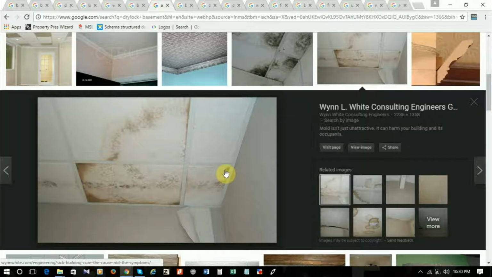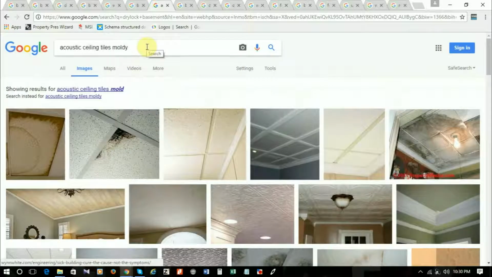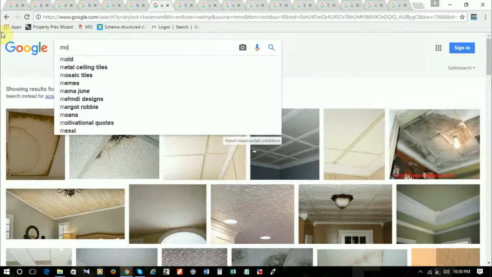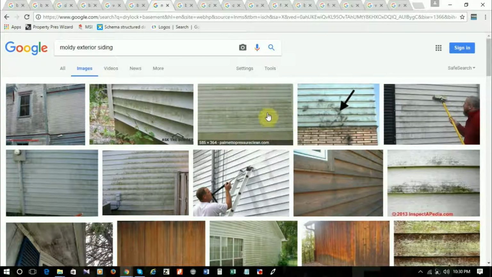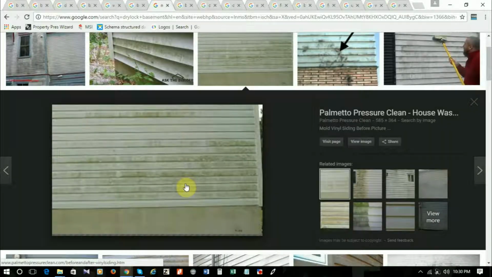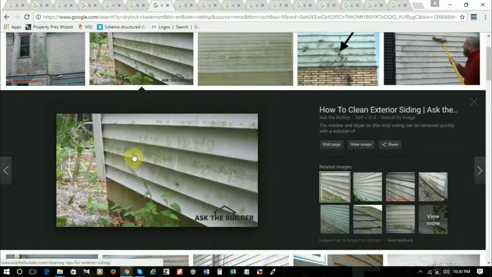Another exception to this is for moldy exterior siding, which can be pressure washed to remove mold. As you can see, the siding is kind of moldy, and moss is growing.